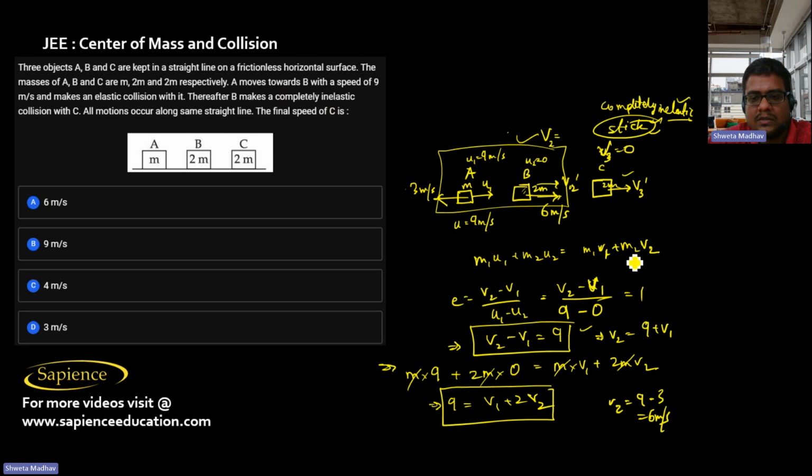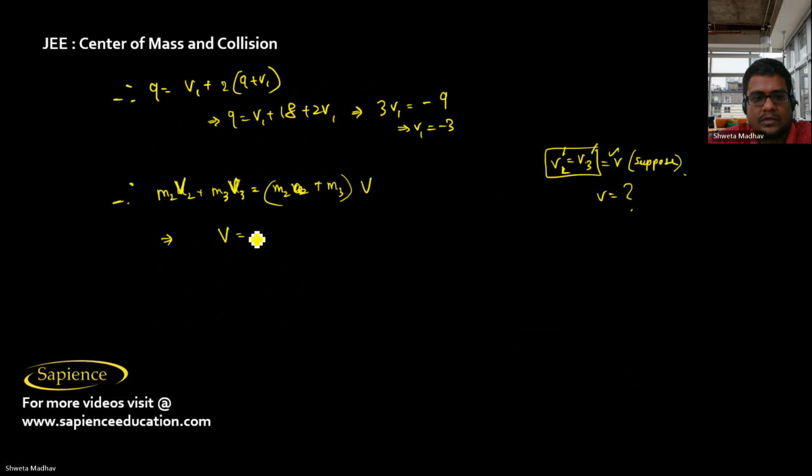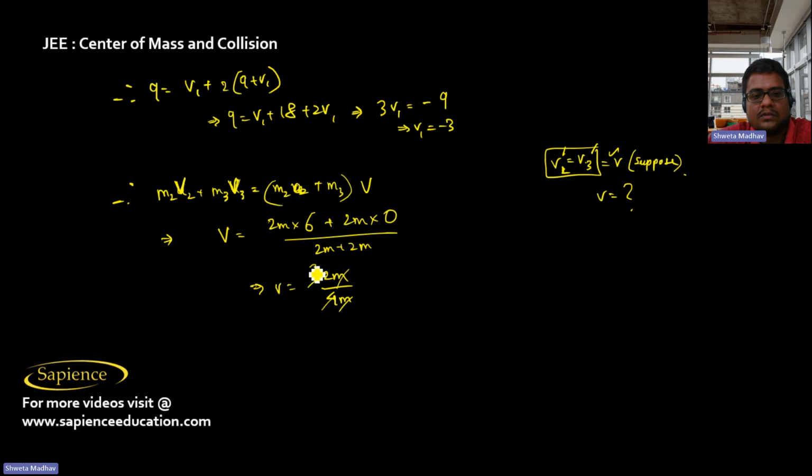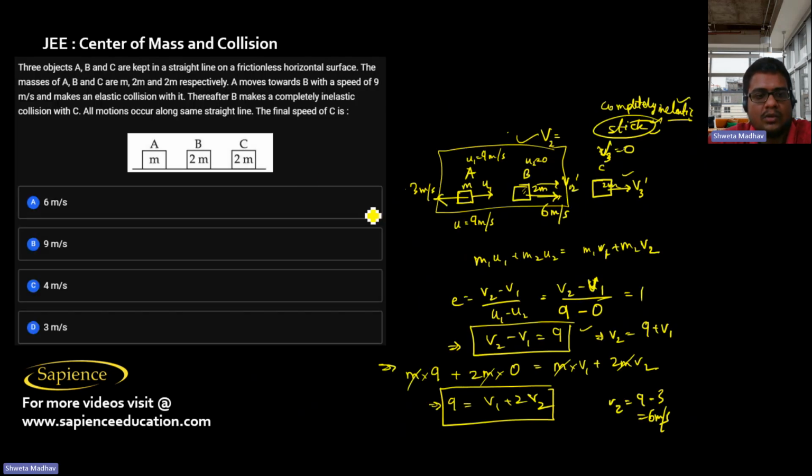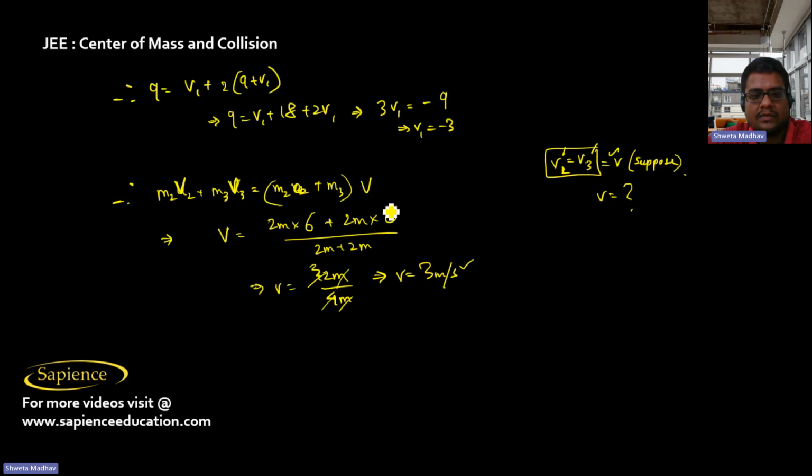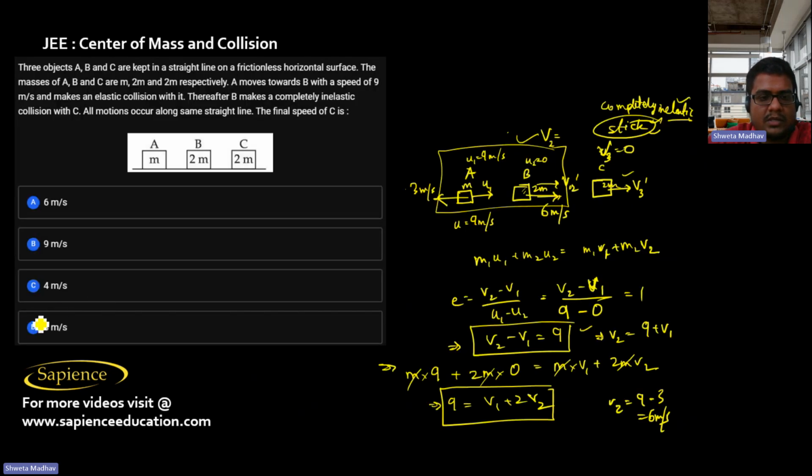Therefore V will be equal to M2, that is 2m, into 6, plus M3, that is 2m, into 0, by 2m plus 2m. So V will be equal to 12m by 4m, so 4 threes are 12. V will be equal to 3 meter per second. So it means that the block C will move towards the right with a final velocity 3 meter per second. So option D is the correct answer.